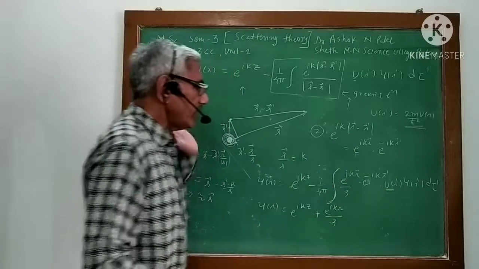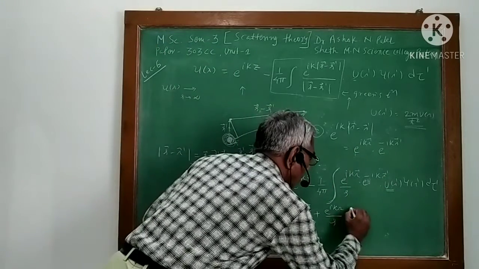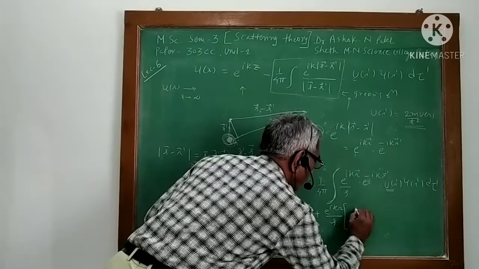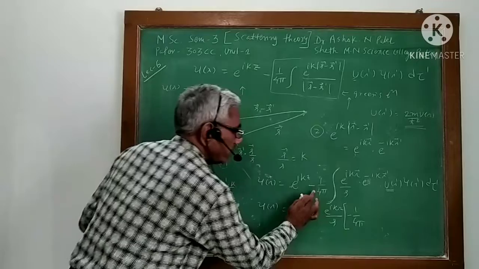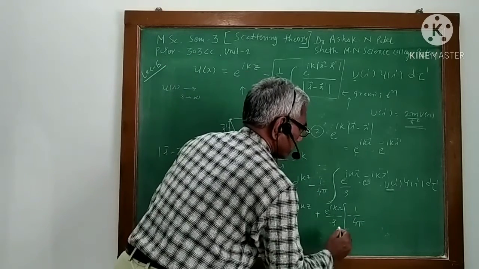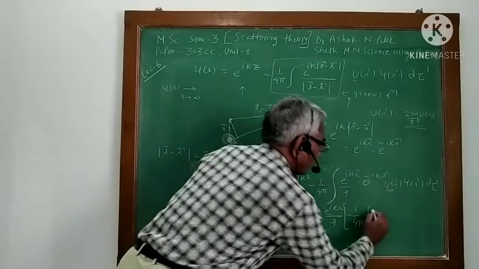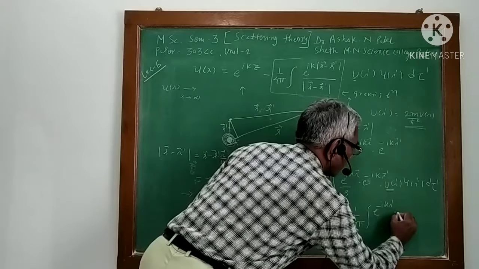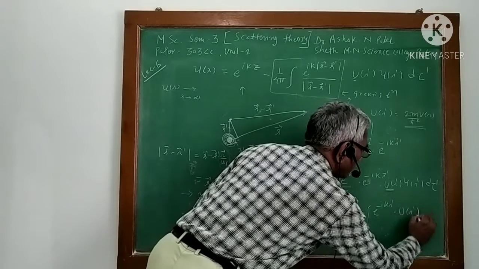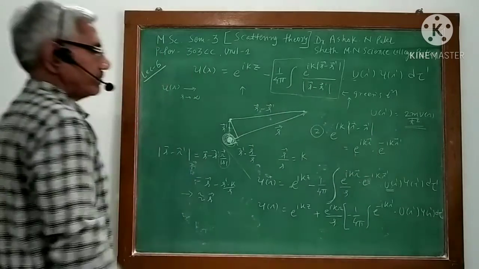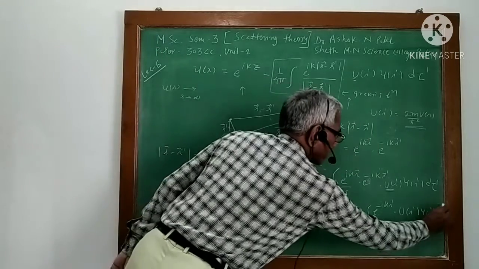So you can just take it out. In the bracket I write now 1 upon 4 pi integral e^{-ik r'} into u(r') into dτ'. Bracket complete.